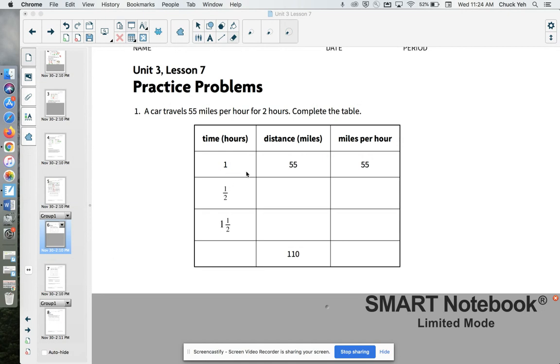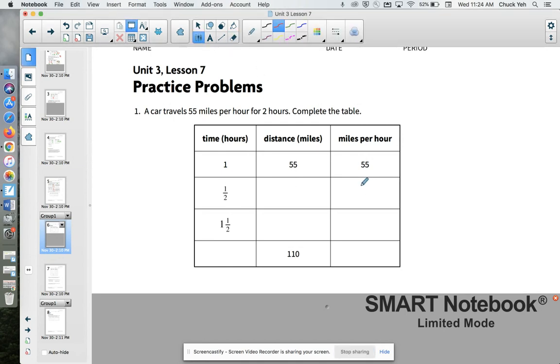If a car travels 55 miles in 1 hour, how about in half an hour? So we know that this part right here is always going to be the unit rate, which is 55, because that's the miles per hour.